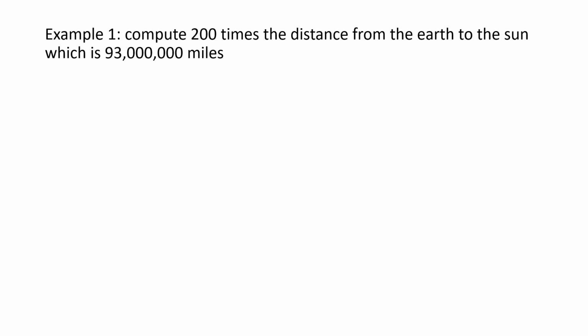So that example problem I just gave you is compute 200 times the distance from the Earth to the Sun, which is 93 million miles. Normally, we would just do 93 million times 200. But if I type that in my calculator, which I have right here, 93,000,000 times 200, it's going to spit out, I should have done that before I started recording, 1.86 with a 10 on top.